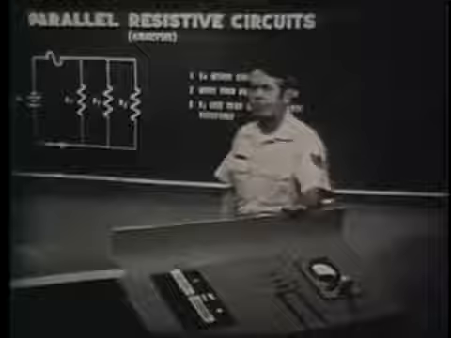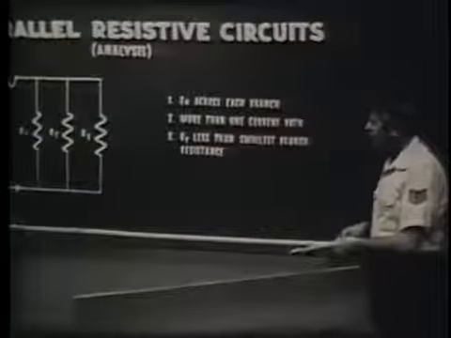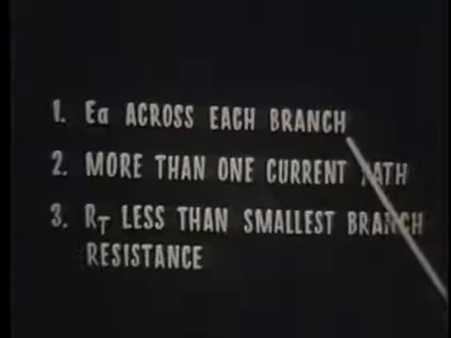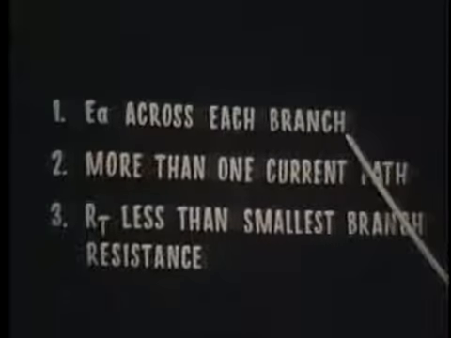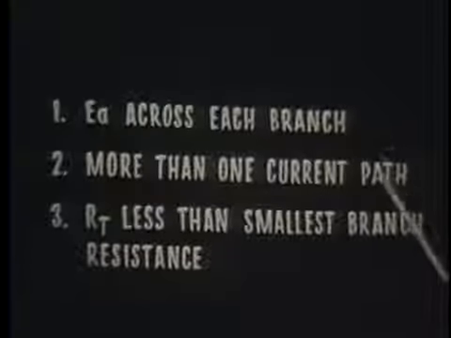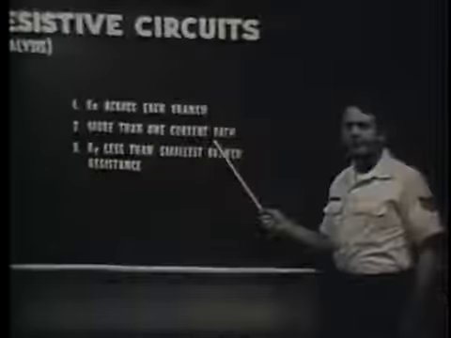Now, let's go over some important points that we should remember about the parallel circuit. First, remember that the applied voltage is felt across each branch. Also remember that there's more than one path for current in a parallel circuit.